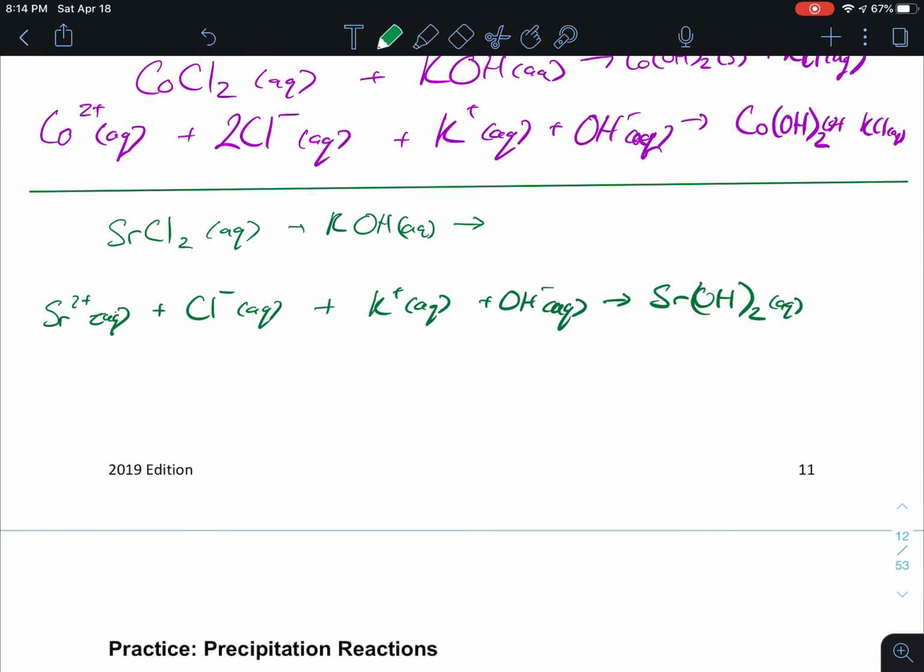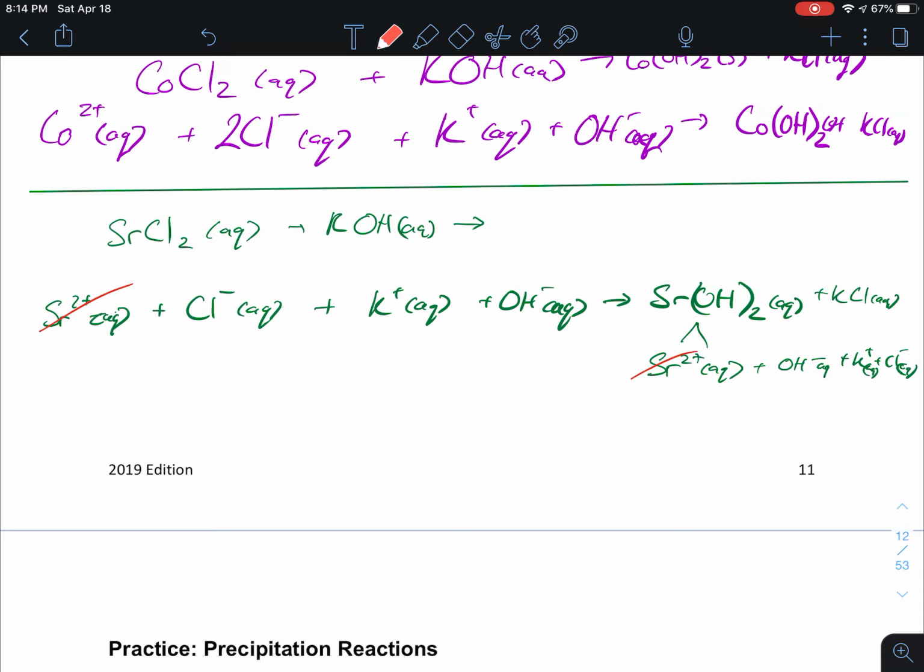So for this question, we get potassium chloride, which is aqueous, both of these are aqueous, so they could actually be better written as strontium 2+ aqueous plus OH minus aqueous plus potassium plus chlorine, and you can assume that they're aqueous. And so what do we do when we do a net ionic equation?